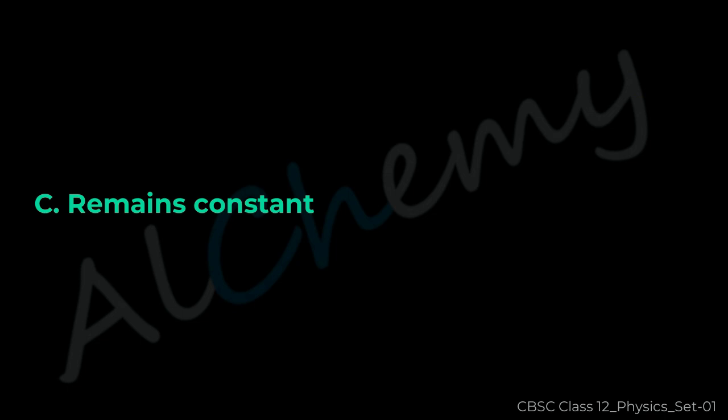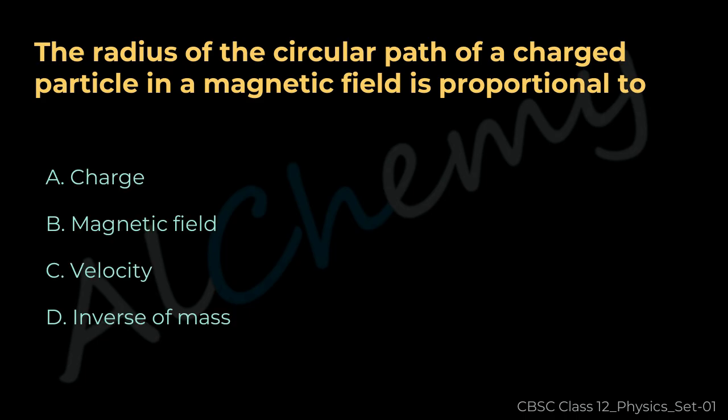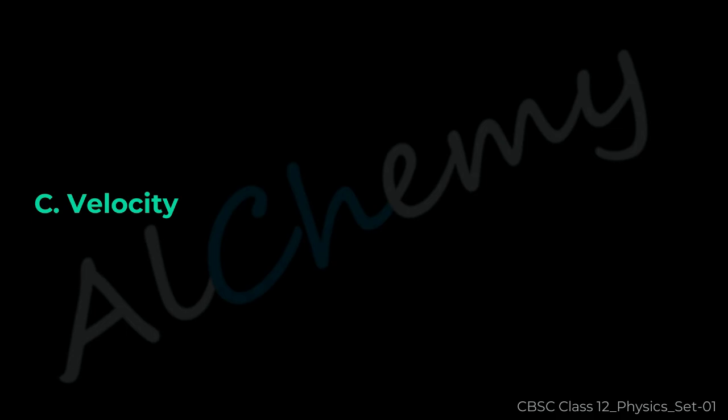Remains constant. Question 15. The radius of the circular path of a charged particle in a magnetic field is proportional to A. Charge, B. Magnetic field, C. Velocity, D. Inverse of mass. The correct answer is C. Velocity.